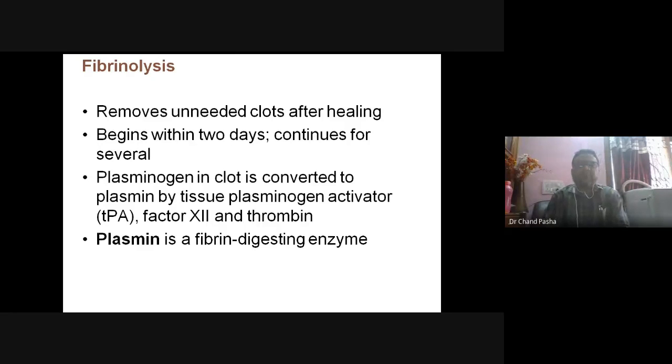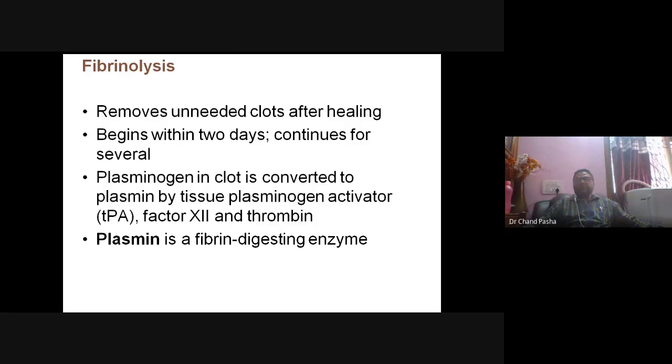And the fibrin clot that has been formed has to be removed. Once clotting has taken place, the damaged tissue has been repaired, and blood flow in the blood vessel has been made normal, now the fibrin clot that has been formed inside should be lysed.